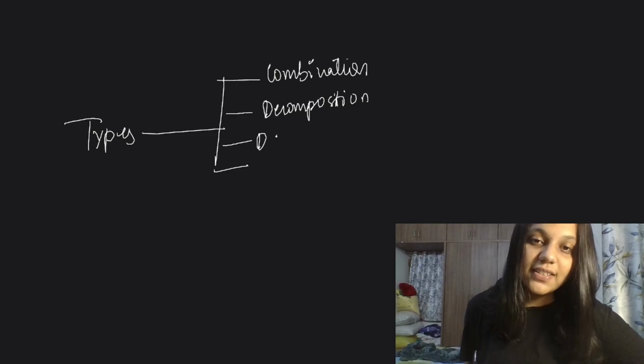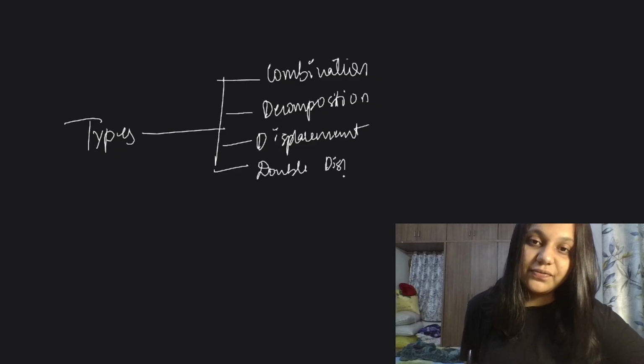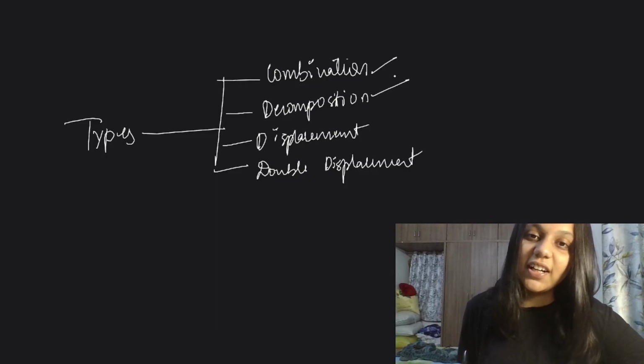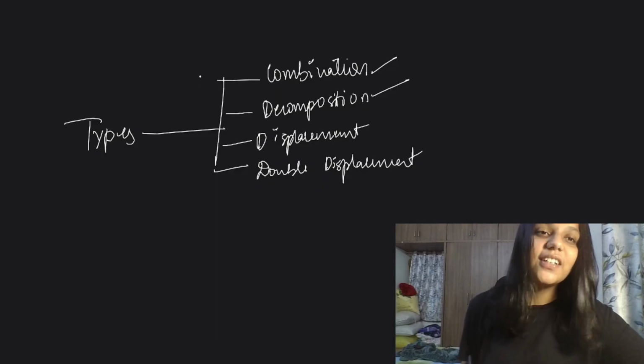The third one is displacement, and the fourth one is double displacement. In this video we are going to go in depth, fragment by fragment, into the first two, that is combination and decomposition. Let's start.